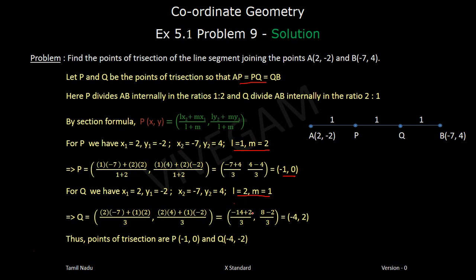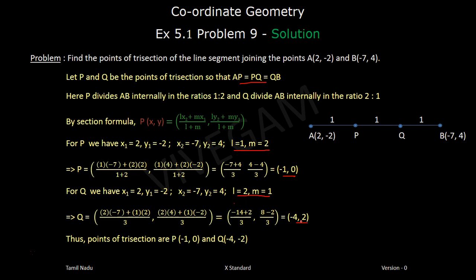Minus 14 plus 2 is minus 12, divided by 3 is minus 4. For the y coordinate, 4 twos are 8, 8 minus 2 is 6, so 6 by 3 will be 2. So the coordinates of Q are minus 4 and 2.